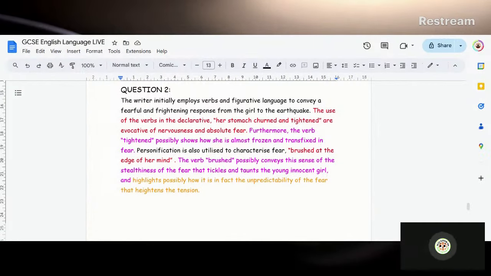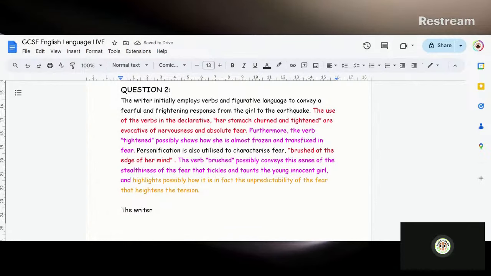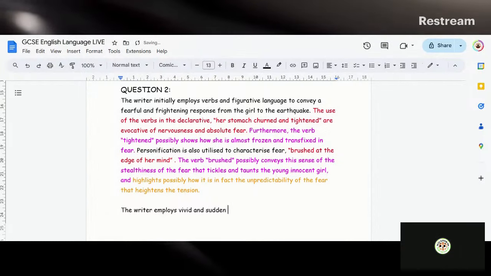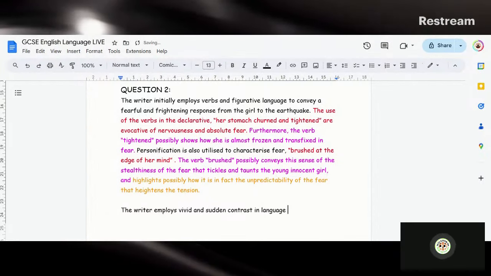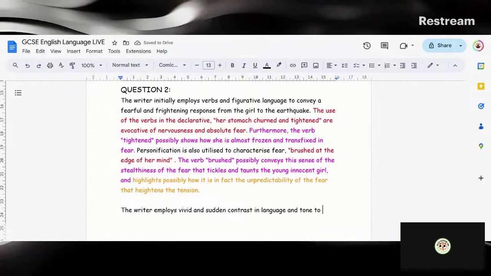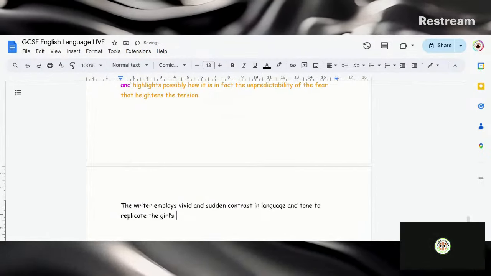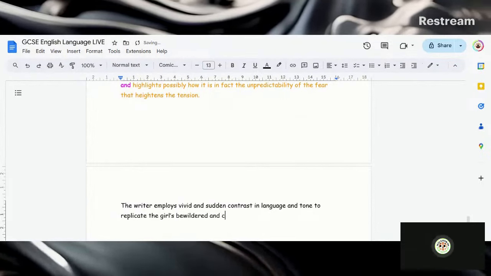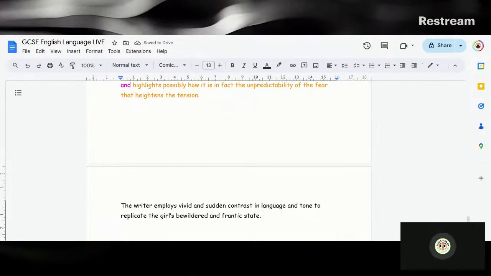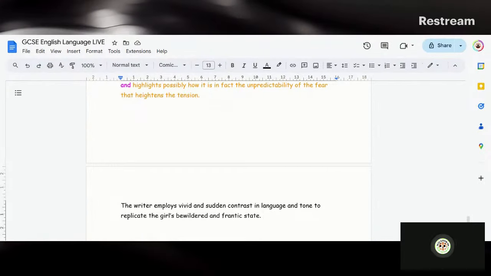So, our next point, we can say the writer employs vivid and sudden contrast in language and tone to replicate the girl's bewildered and confused, and we can say frantic state, because changing from one extreme to the next kind of mirrors how the girl is thinking of so many things at such a young age.